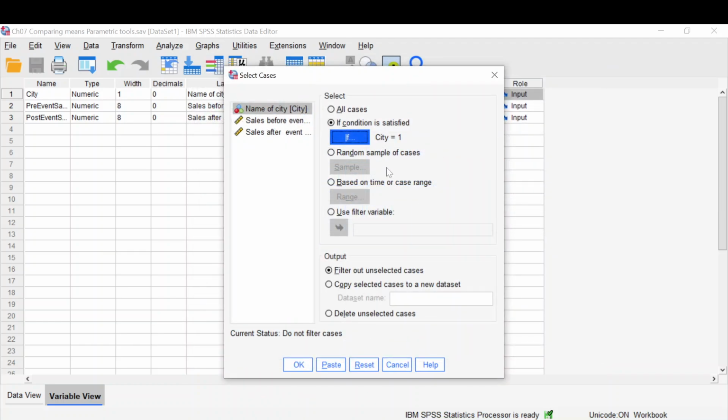Now imagine we forget to leave that alone and we go into Analyze and we do an ANOVA. The problem would be that it would just look at City 1 results and not the three cities as a comparison. So to fix that, you can either click All Cases, or what I like to do is reset it. So reset will set it back to default settings and make sure that everything is selected accordingly, and then hit OK.